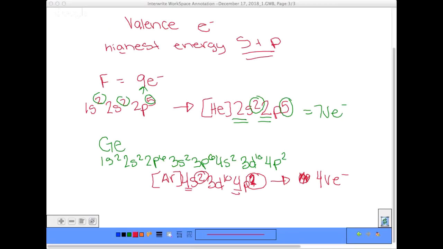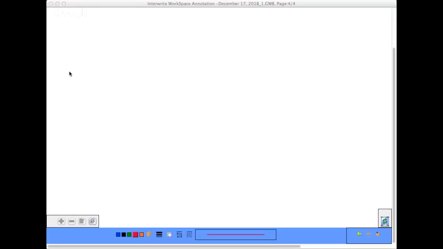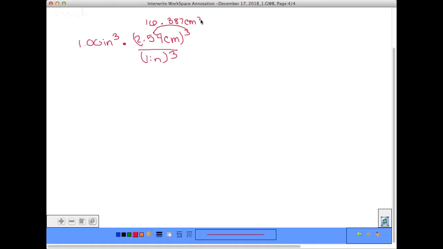Part B, we want to find the volume of, let's see, we have a 1 inch cubed. And if I were to do that, what it means is I'm going to have 1 inch cubed. And if I were to multiply this by 2.54 centimeters, if I were to take the cube of that and divide this by 1 inch cubed, that's going to end up being 16.387 centimeters cubed.